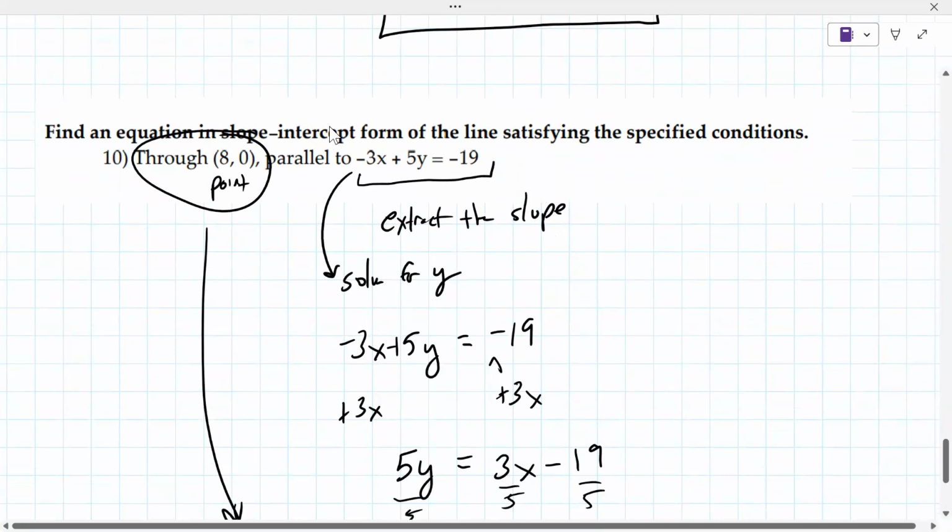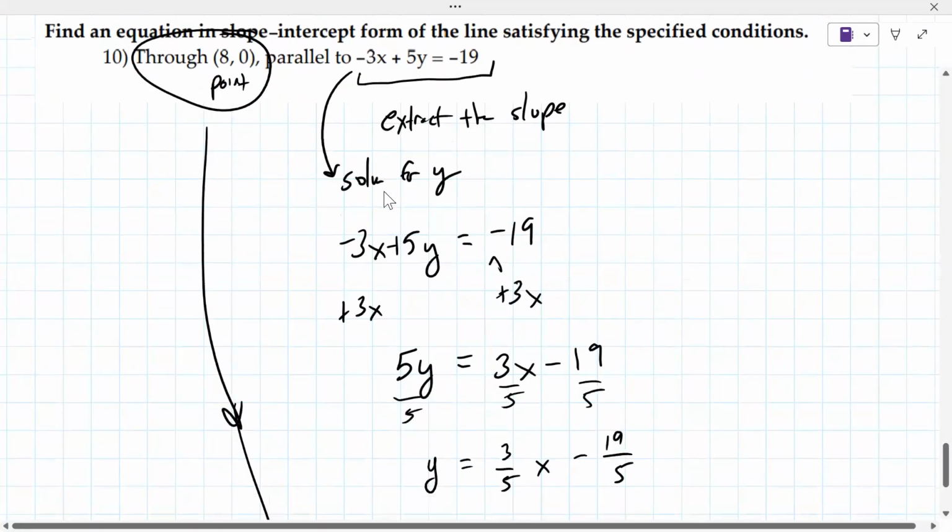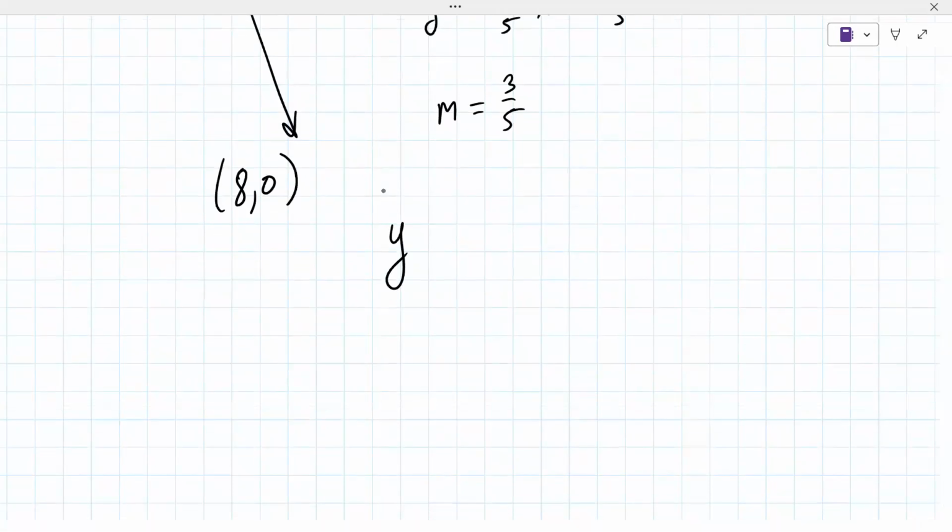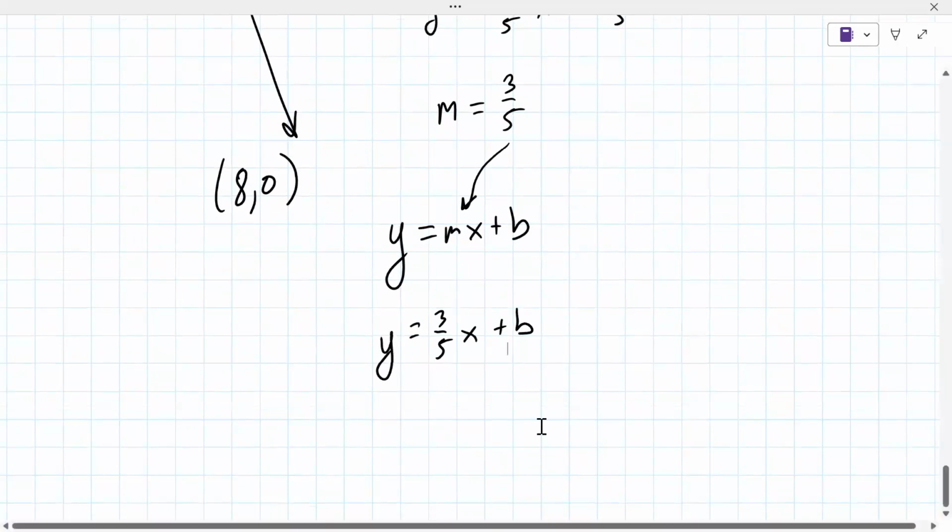What's the form that it wants it in? Slope-intercept form. So that's y equals mx plus b. You have a slope. How do we find b? What did we do in an earlier problem to find b?